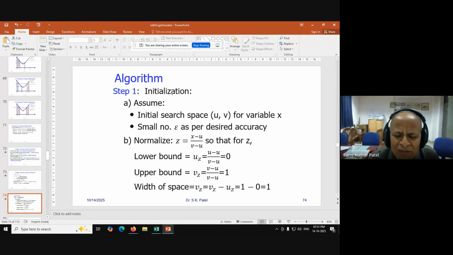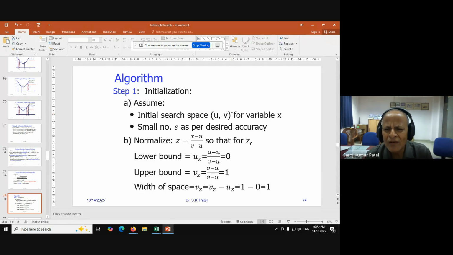So in the golden section method, the first step is that you have to assume an initial search space, that is u to v, for variable x. And also you have to define what accuracy you want in the result, that is epsilon. But in the golden section method, you have to define a new variable z such that this interval u to v will be reduced to 0 to 1.